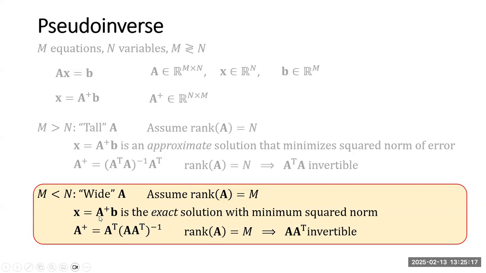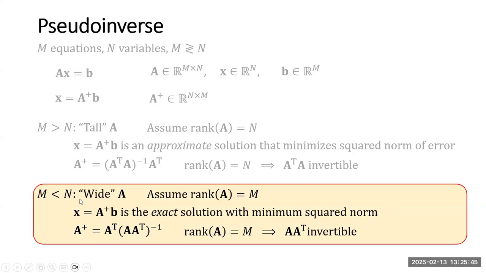Again, the solution is x equals A pseudo-inverse b, but this time it's the exact solution with minimum squared norm. I'll explain what this means. In this case, the pseudo-inverse is given by another expression here. This is the expression for the pseudo-inverse for a wide matrix A: A transpose times (A A transpose) inverse.